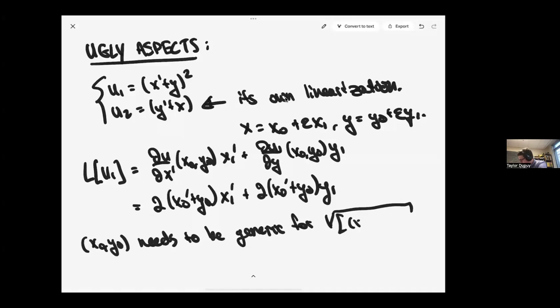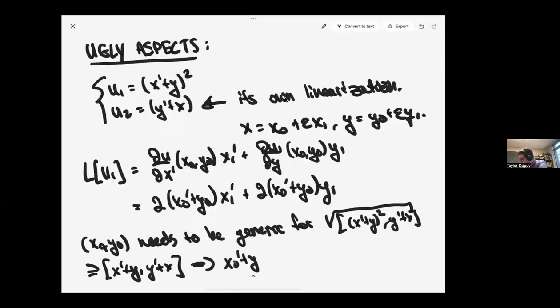So here, if we take this one, we have x prime plus y squared, y prime plus x. So once we have a square in there, if you do x prime plus y, y prime plus x, this in particular implies that x0 prime plus y0 needs to be 0, right? And so once you have this happening here, what you'll see is that this has to go away.